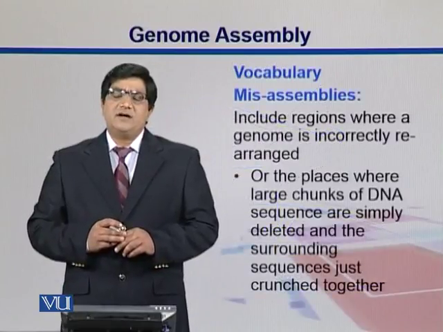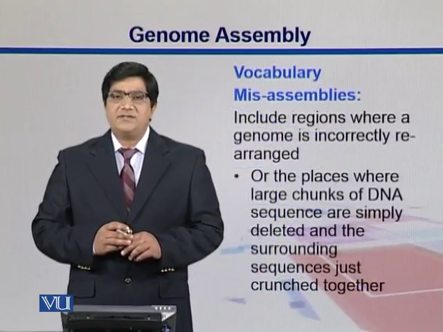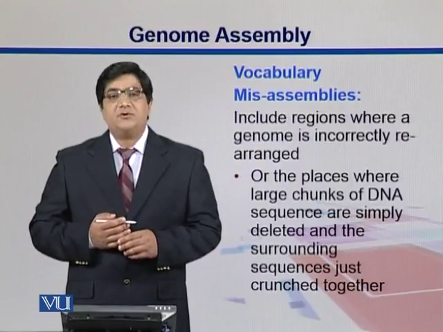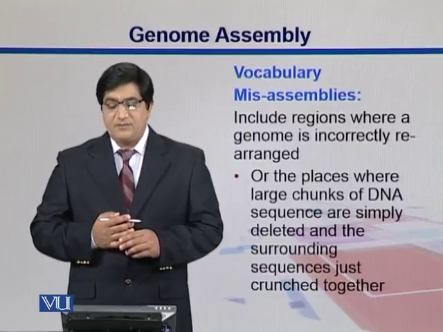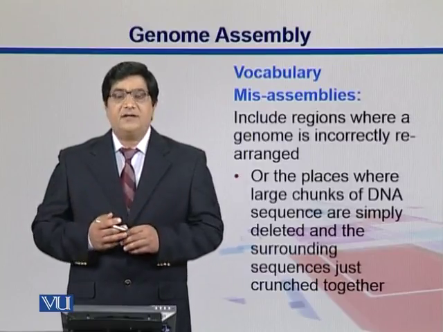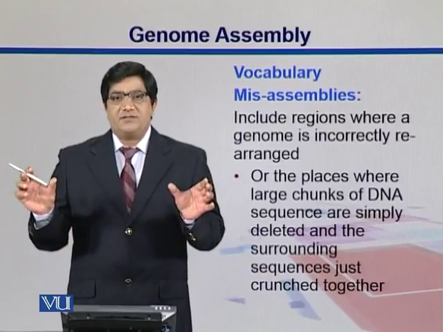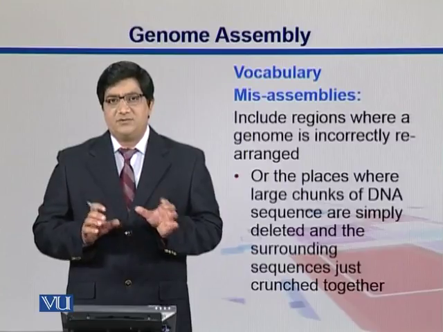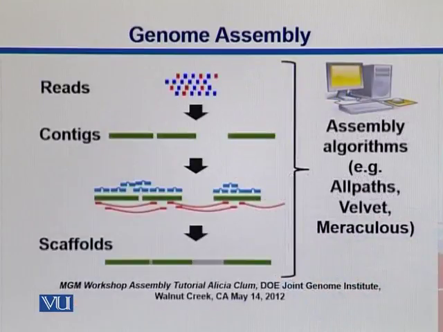Misassemblies are common. A misassembly is where the genome is incorrectly assembled, or we can have places where sequences are deleted and the neighboring segments are then crunched together. These kinds of issues are called misassemblies. We'll talk about them later. Here is the genome assembly as a whole, put together.